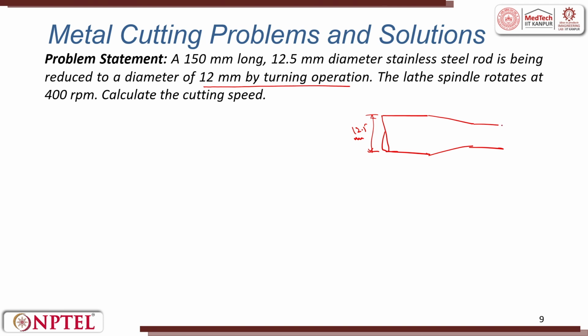Final dia here is 12 millimeters, and length is also given, 150 millimeters. The lathe spindle rotates at 400 rpm. We have been given the rotational speed 400 rpm. The initial dia D1, the final dia D2.